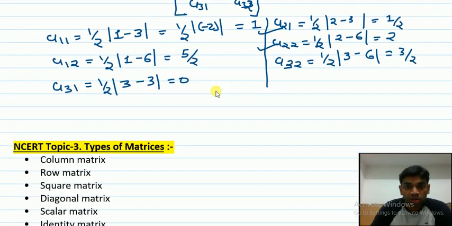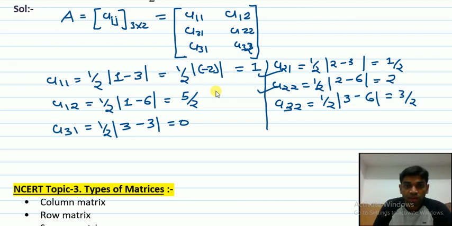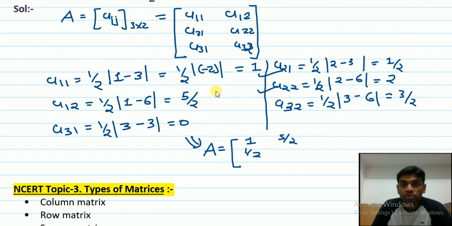So finally all the elements are: A11, which is 1, A12, which is 5 by 2, A21, here it is 1 by 2, A22, which is 2, A31 which is 0 and A32 that is 3 by 2.